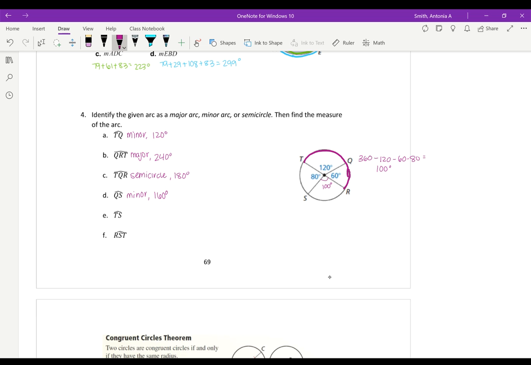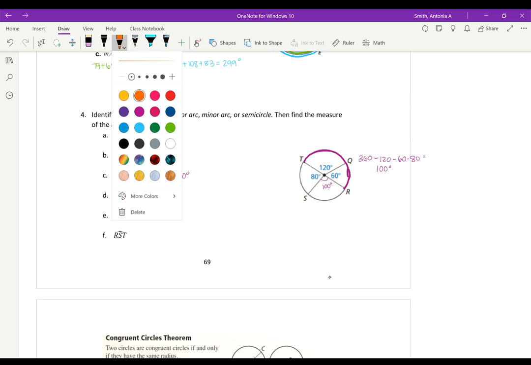Next, we have TS, 2 letters. That's a minor arc. Between T and S, there's just one angle, and it's 80 degrees. And then finally, RST. So from R to S to T, that's the other half of our circle, right?